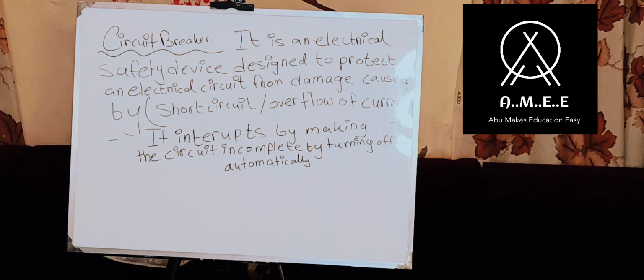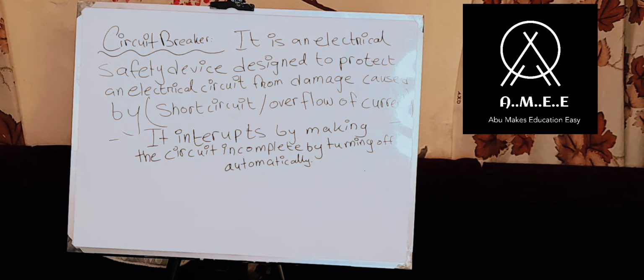It is an electrical safety device designed to protect an electrical circuit. Now, from what will it protect? The next question is, from what will it protect? From damage caused by short circuit or overflow of current. The term short circuit means overflow of current. Both are the same thing.